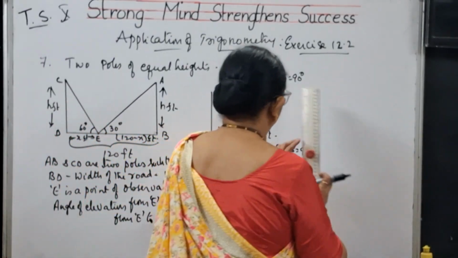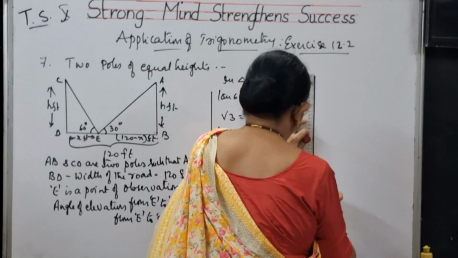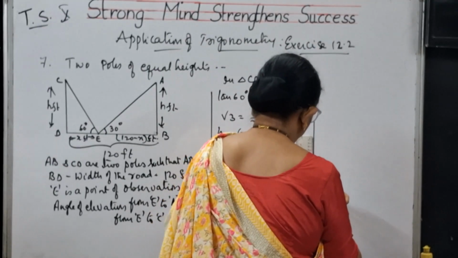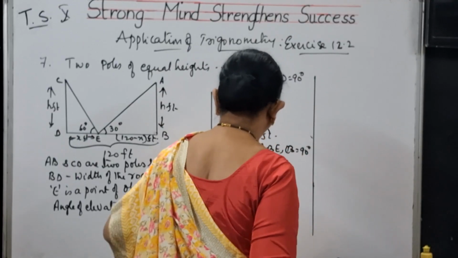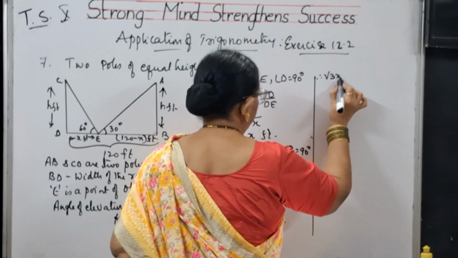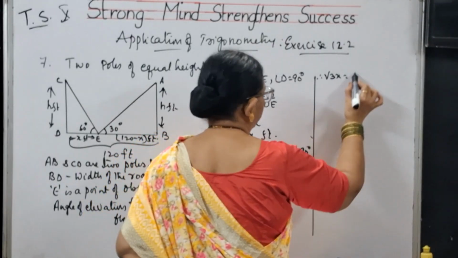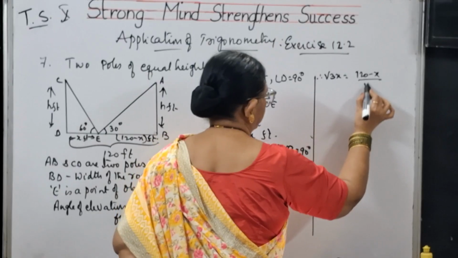But we know that both are nothing but H. That means you can equalize them. So root 3 x is equal to (120 minus x) by root 3.